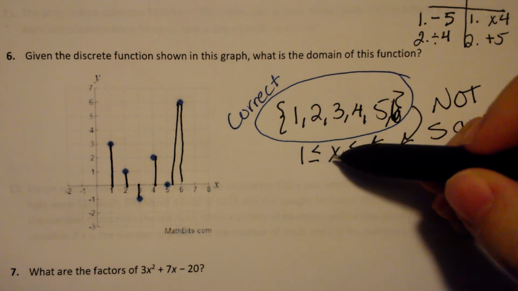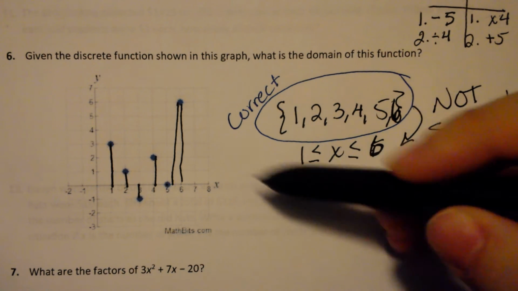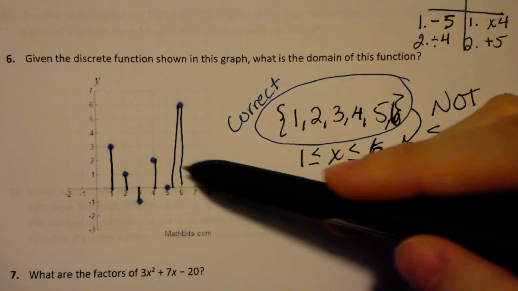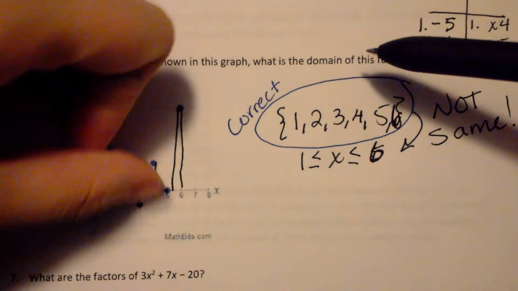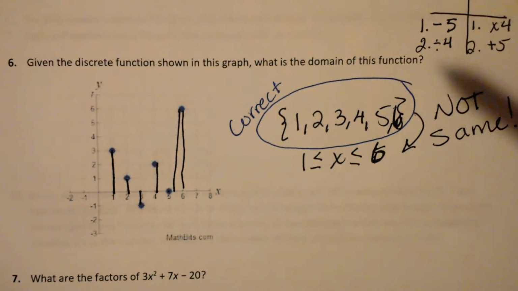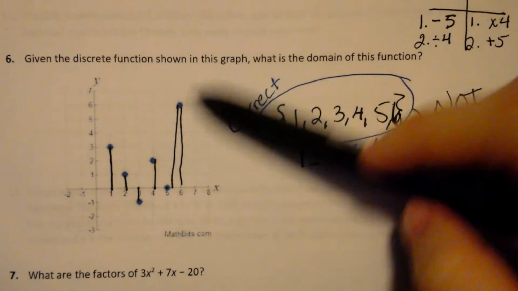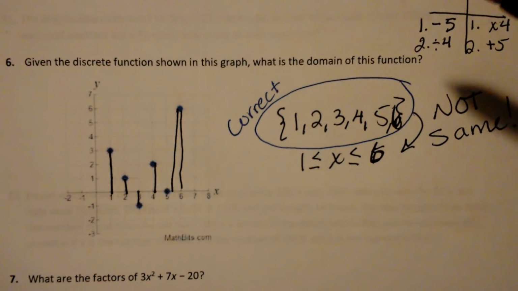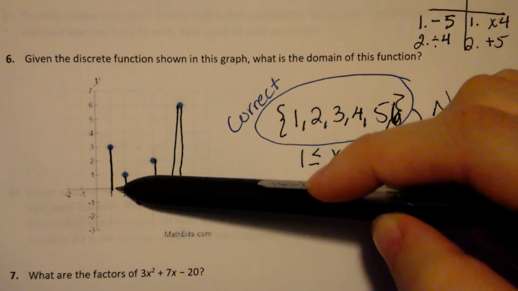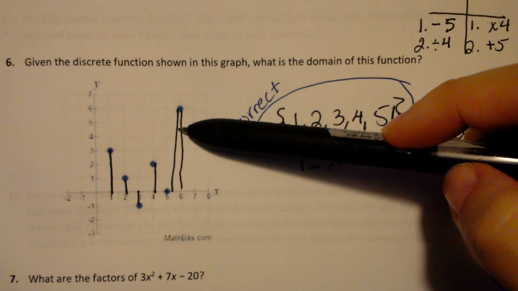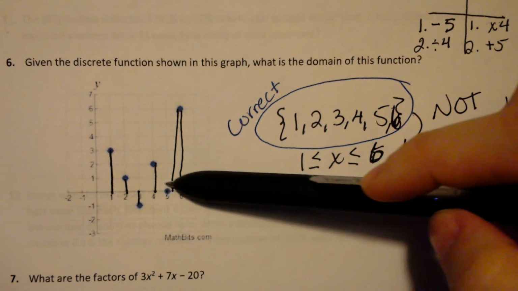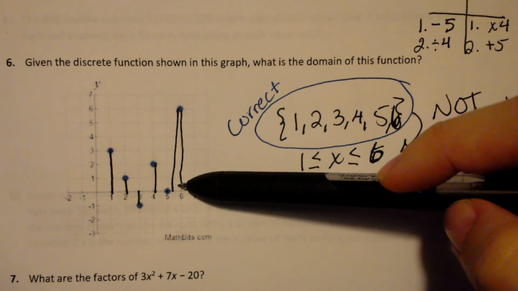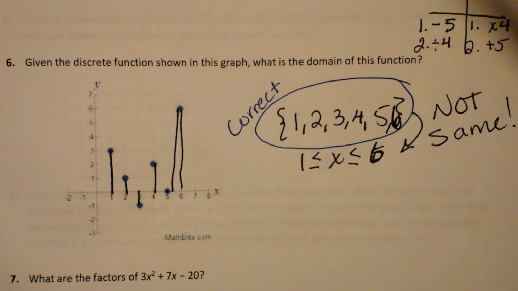The second one is saying that I have every single decimal value in between 1 and 6. I don't. I strictly have 1, 2, 3, 4, 5, 6. You would use a discrete function when you're talking about people, because you have 1, 2, 3, 4, 5, 6 different people. You don't have a domain of 1 through 6 people, because that would include like half people, 1.5 people.